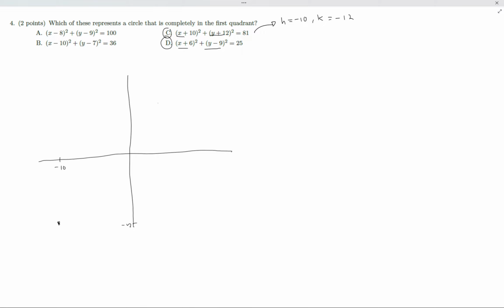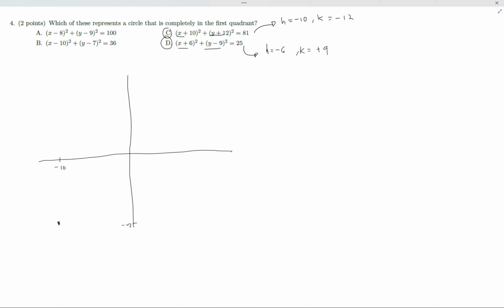So it means that the circle is now impossible to be within the first quadrant, since again the center is at quadrant 3. Now let's move on and illustrate again why the other one seems a bit suspicious. If you look at this, the H coordinate is at -6 and the K coordinate is at +9.